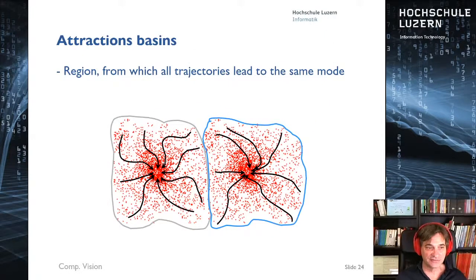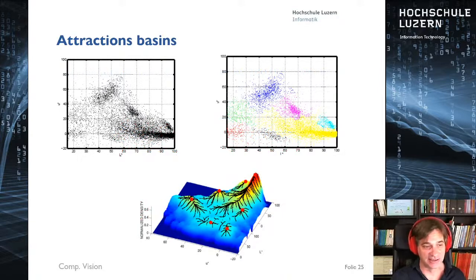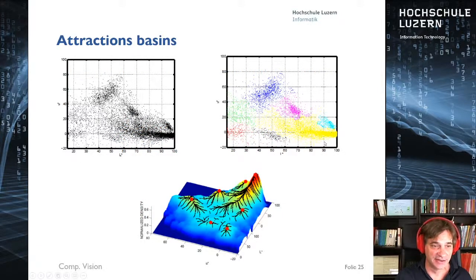So if you do this for every point in the feature space of the image, you define as a cluster, or attraction basin, all those points which converge to the same point ultimately, and those then form a cluster in your feature space. This would be the result we got from our input image in this three-dimensional space.